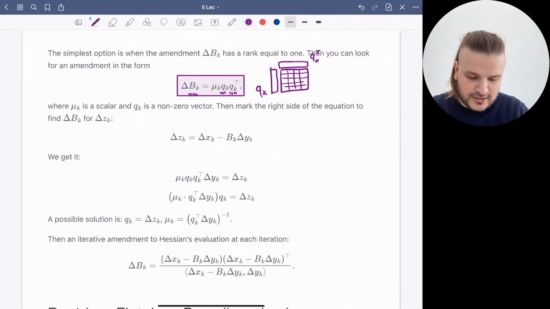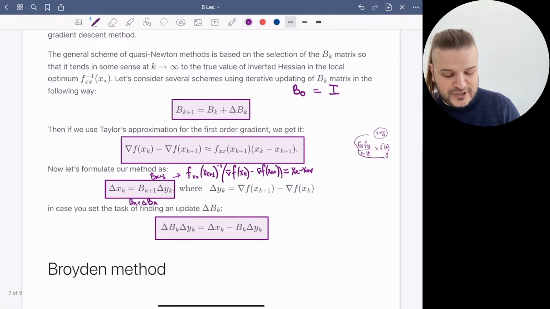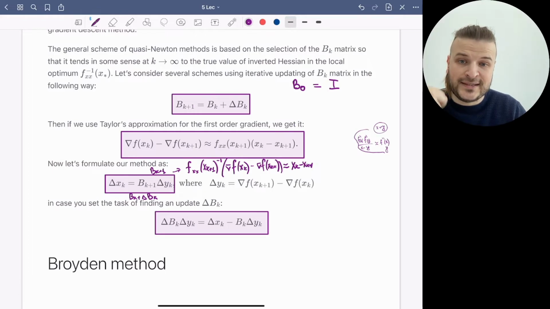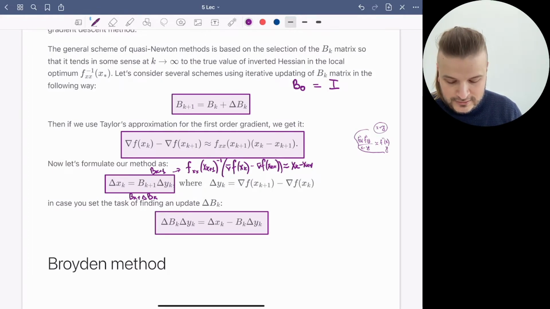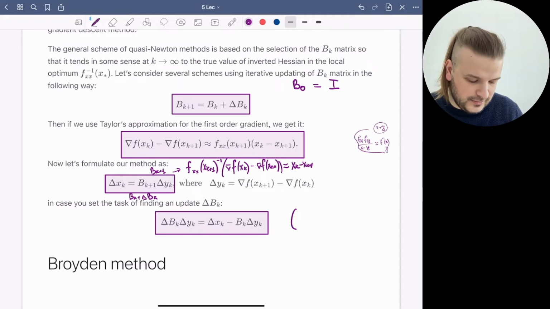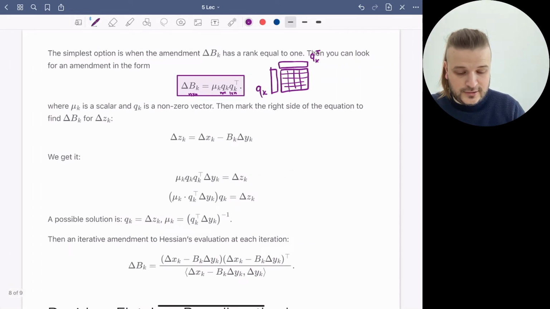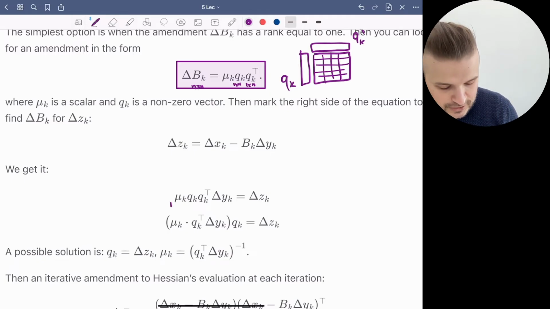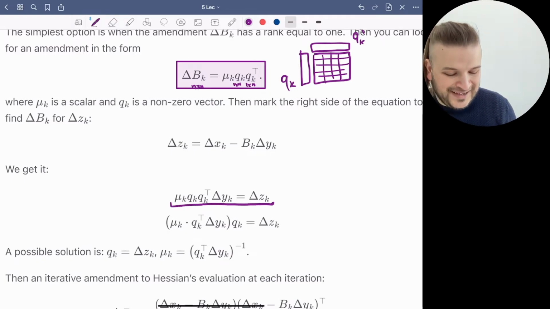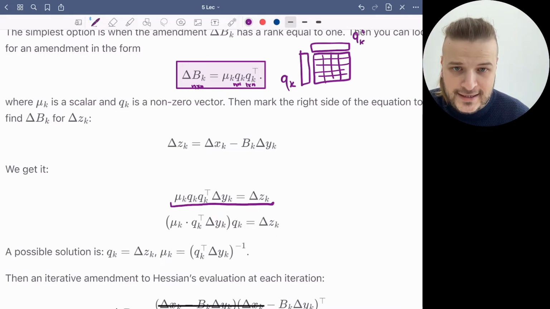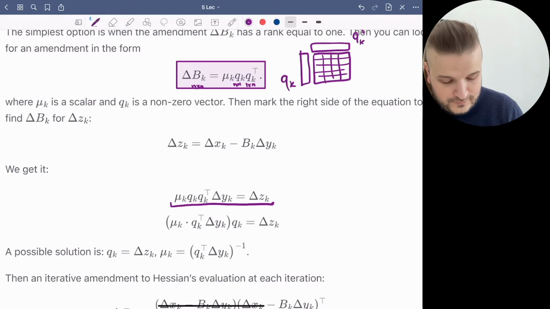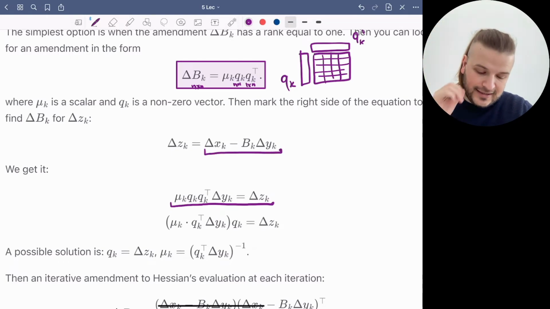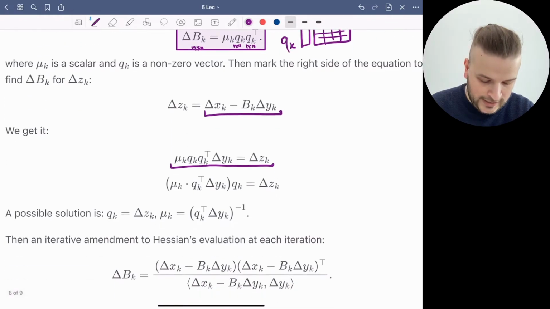We'll just substitute this form of delta bk into this expression, and let's call it B approx. We just substitute B approx here, and what we have is mu k qk transpose multiplied by delta yk should be equal to delta xk minus bk delta yk.